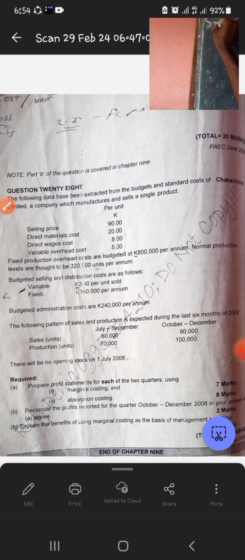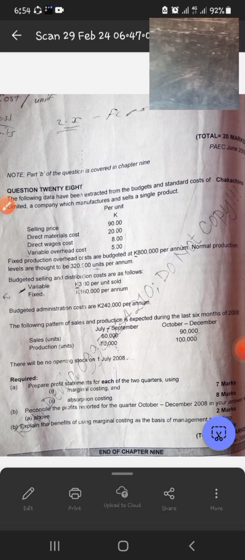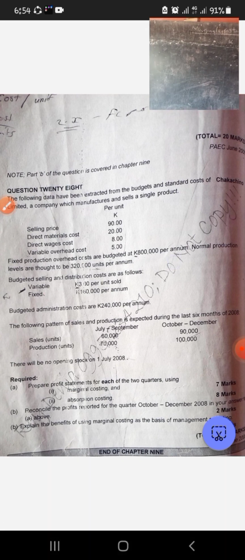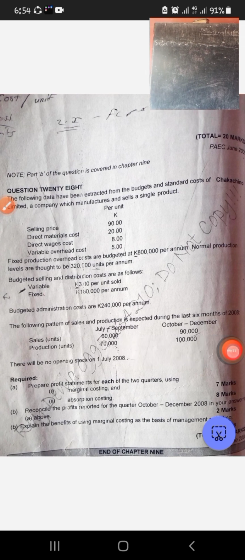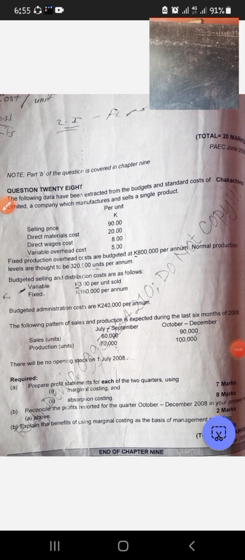So on the profit statement proforma, we need to start with the sales. I'm going to prepare for the first quarter, and you're going to try the second quarter. So I'm doing the quarter of July to September. Sales units are 60,000 units.